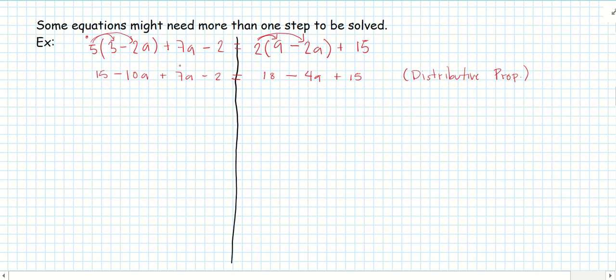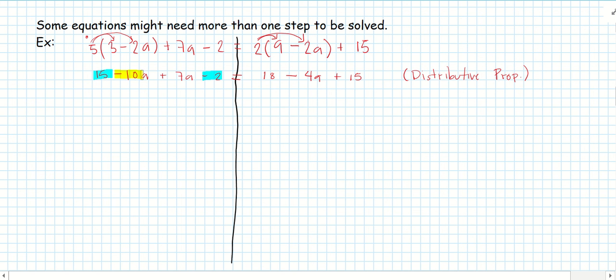Cool. So now the next thing that we can do is simplify each side of the equation, right? Notice we have 4 terms on the left and then 3 terms on the right, but those can be simplified because I have like terms. Remember, like terms are those that have the same variable with the same exponent. For instance, here I have 15 and negative 2. Those are numbers, so they can be combined.